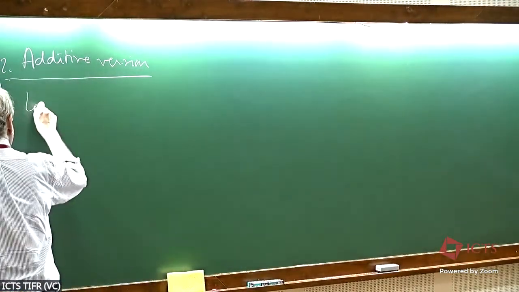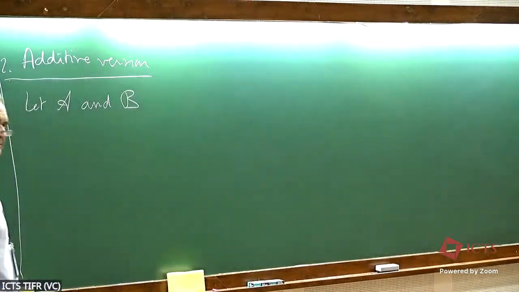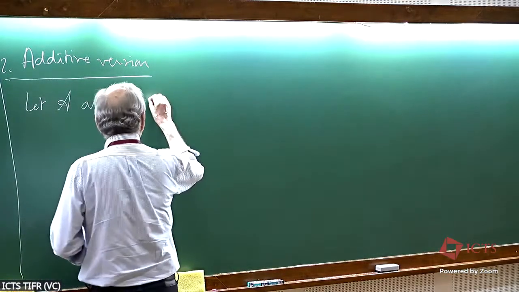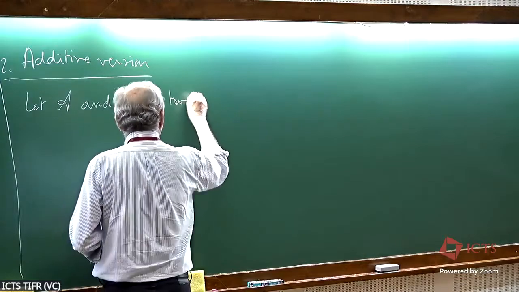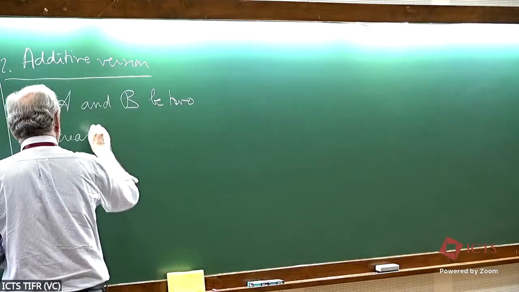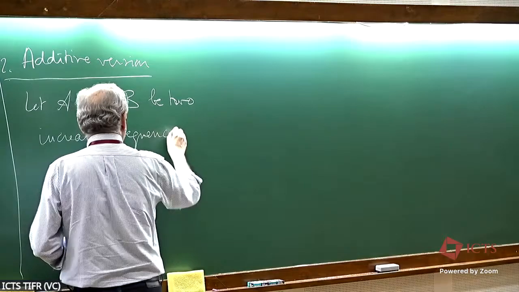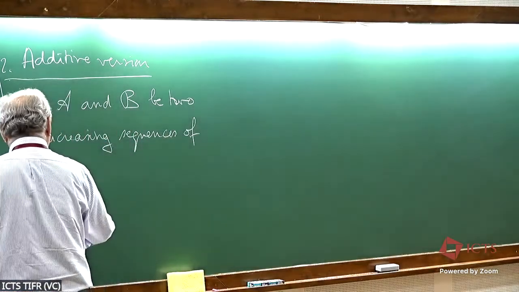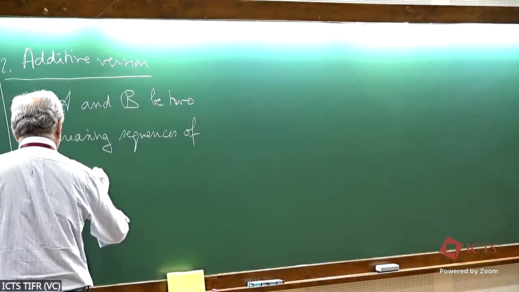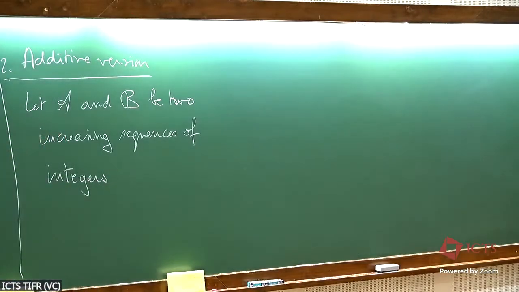So if you take A and B, the elements of A and B being the u_n in your notation, let A and B be two increasing sequences of integers. For additive questions, it may be interesting to keep the 0.